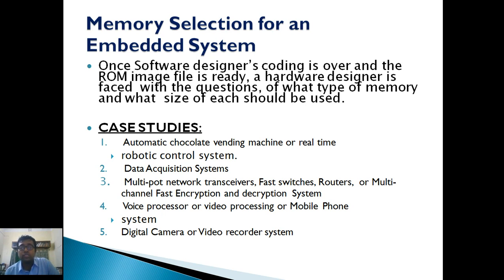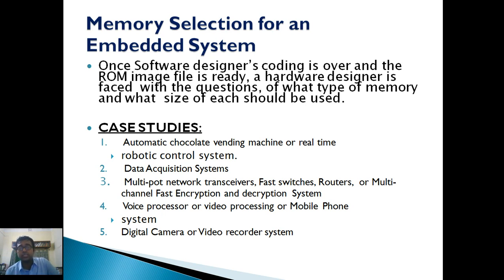If we have a washing machine, a TV, or different embedded systems, suppose we want an LCD display system in a metro rail, in that case we don't need the flash ROM, but we specifically need a PROM for the LCD display.